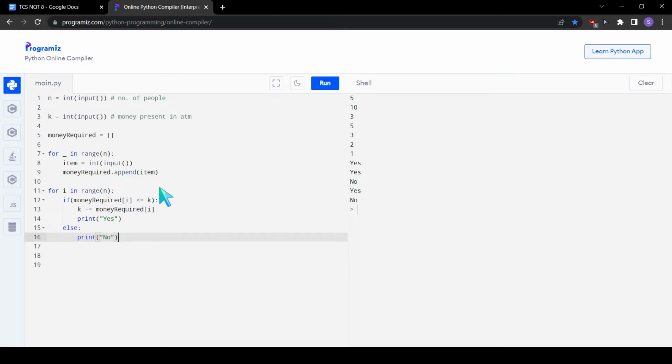So what happens is we will iterate through the list. By that I mean, see, we have this array, right? 3, 5, 3, 2 and 1.